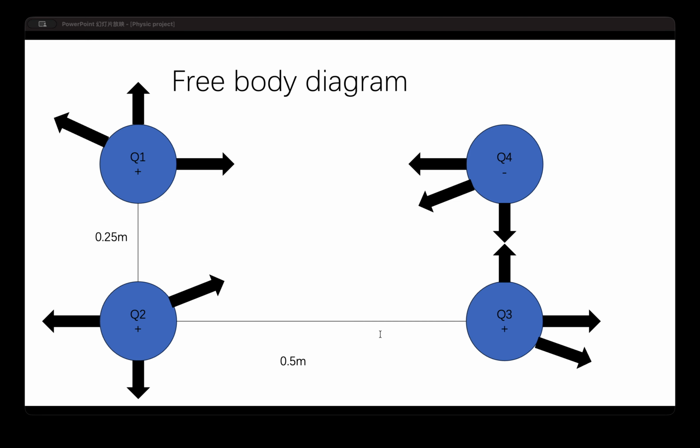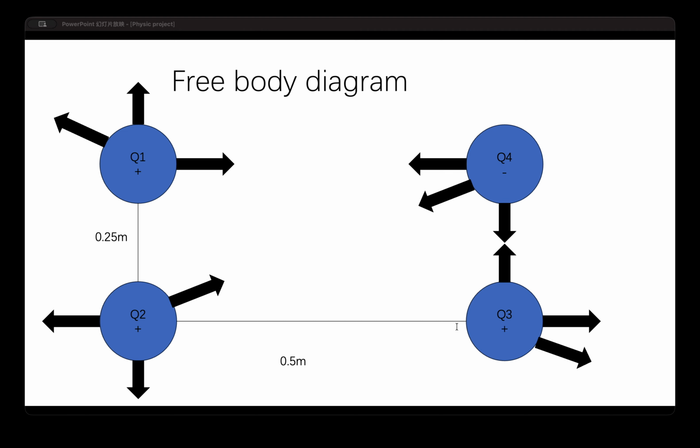And for Q3, which is positive, it receives a repulsive force from Q1 along the diagonal direction, pushing it downward and right, a repulsive force from Q2 pushing it to the right, and an attractive force from Q4 pulling it upward.